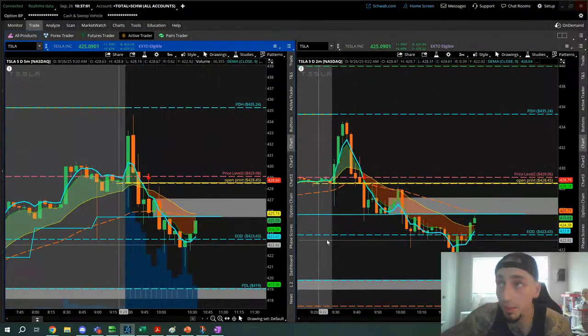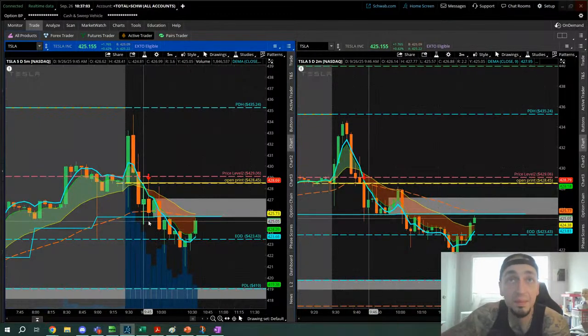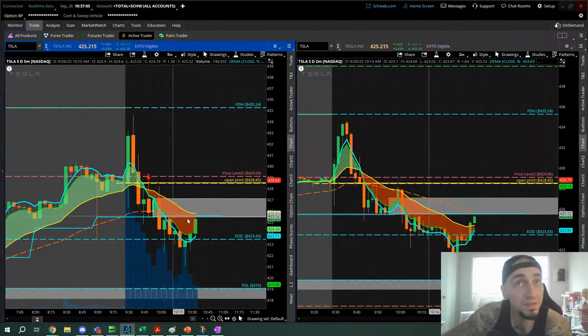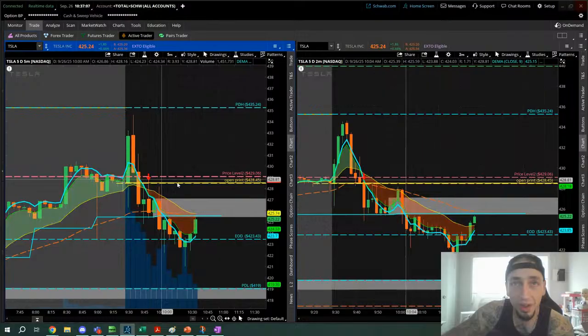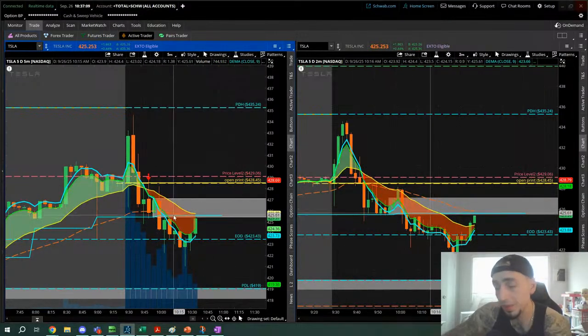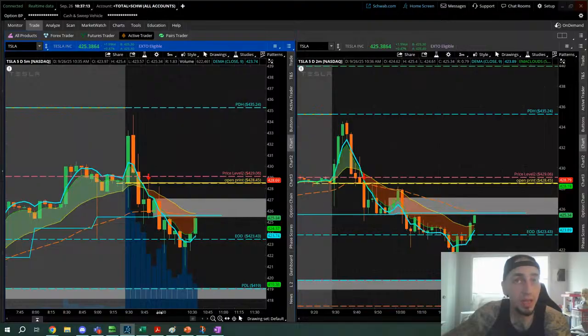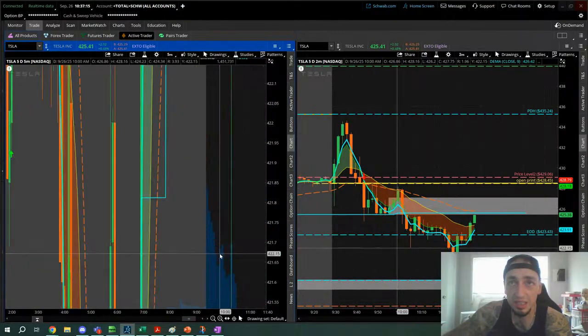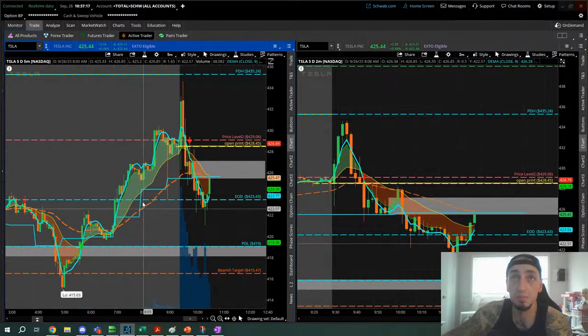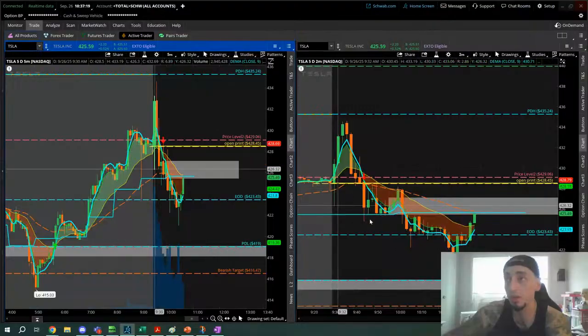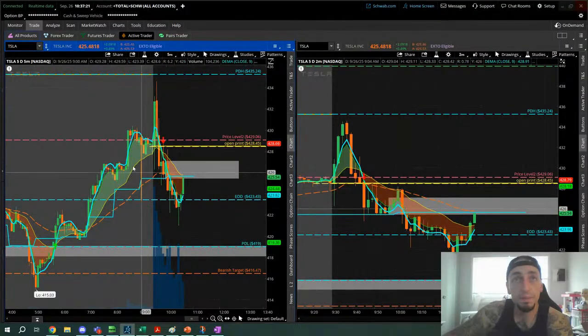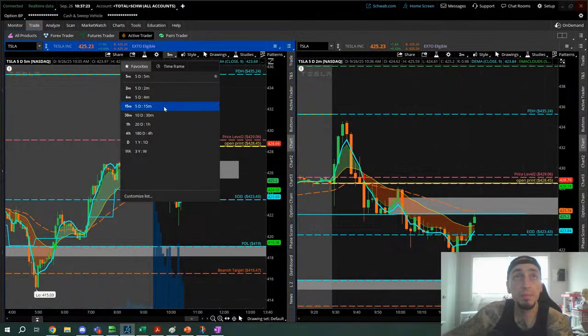All right, Tesla coming up into that AOV on the 5 minute. What's she gonna do? I don't really like this V reversal we've got going on here on Tesla for shorts. And remember, end of day on Tesla plays a really important part with market structure. So let's see what happens here.